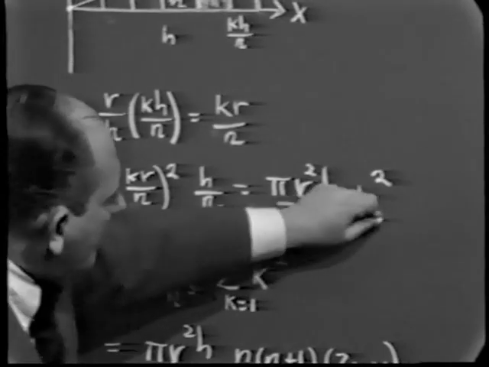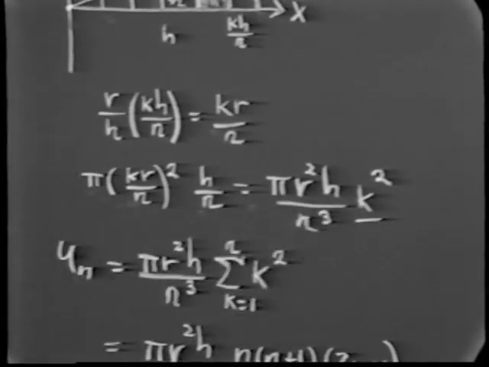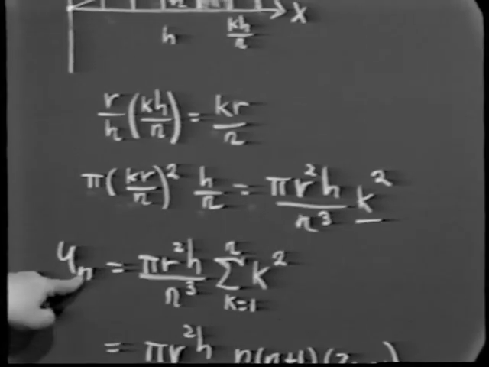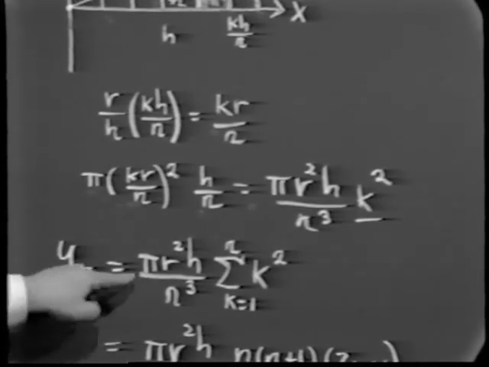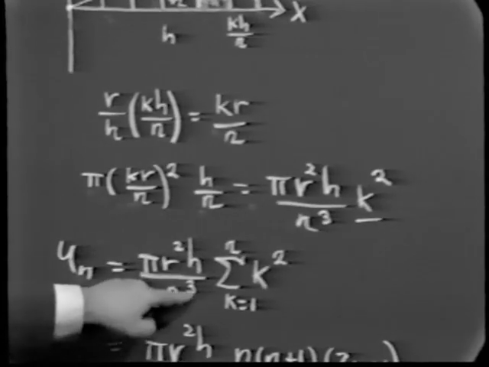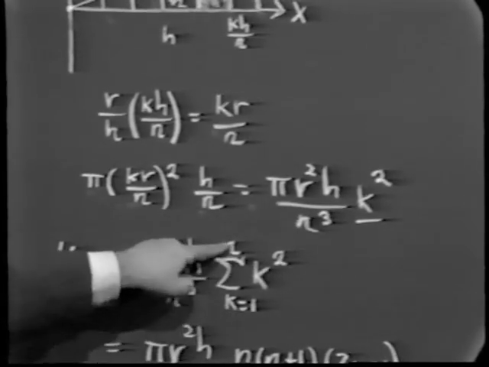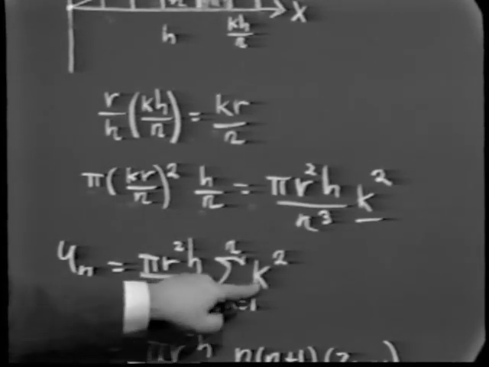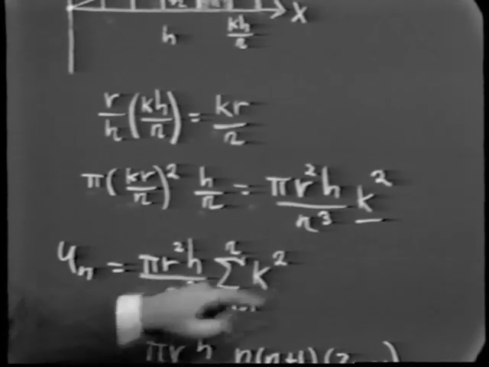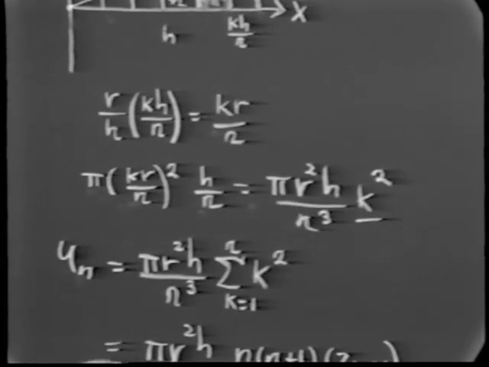Notice that this is the only portion that depends on k, so the upper approximation, in other words, the volume that's too large to be the right answer, is pi r squared h over n cubed times the sum as k goes from 1 to n of k squared. And you notice I always stick to problems where we have something fairly simple like this, because this limit process, as we've mentioned in the previous lectures, becomes very, very difficult to do in general.